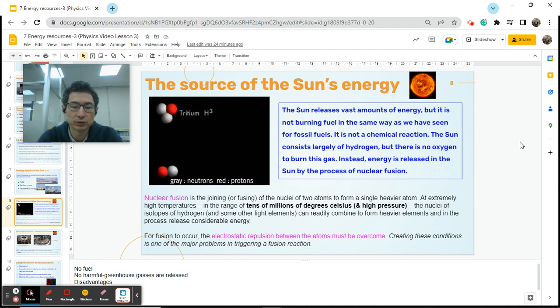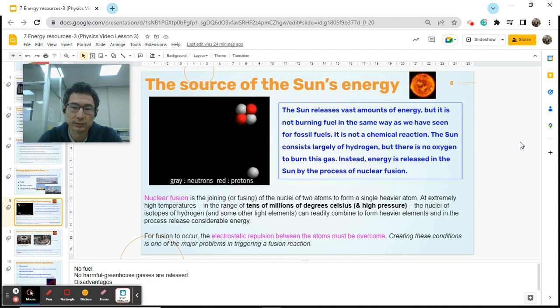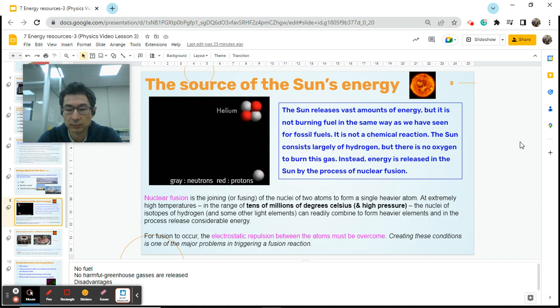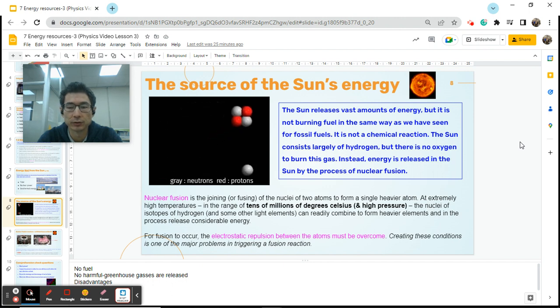Well, it is a joining of two nuclei, which are protons and neutrons, no electrons, of two atoms to form a single, heavier atom. And on the surface of the sun, it is hydrogen. Two hydrogen nuclei are fused together to form helium.